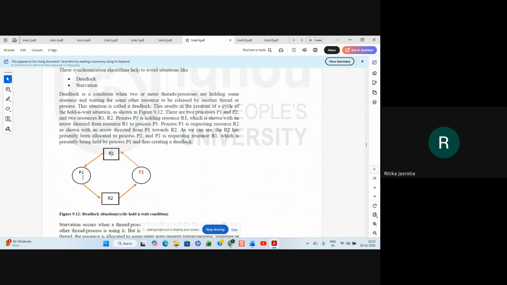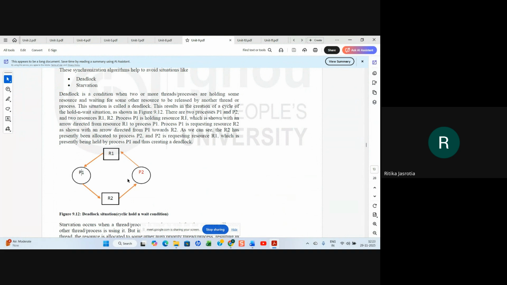R1 is accessed by P1, and R2 is accessed by P2, but to complete they require the one which is accessed by the other. So this is a deadlock situation. P1 is not leaving R1, so P2 cannot complete. P1 is not complete because R2 is accessed by P2 and it needs R2 to complete. So this is a deadlock situation.